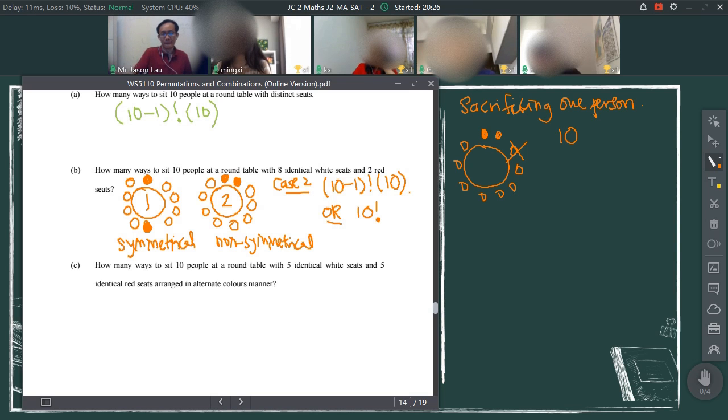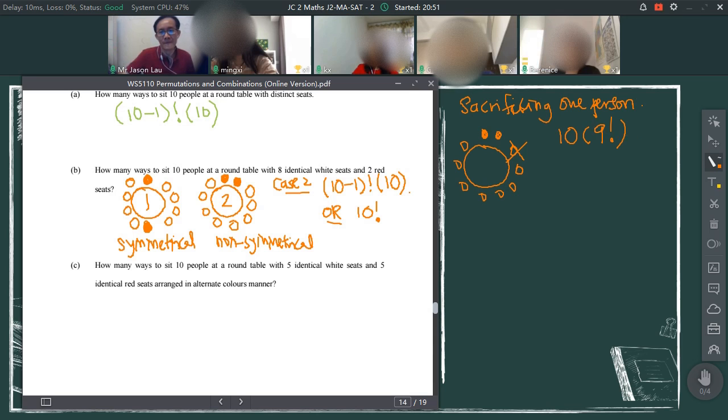The first person to sit among the chairs, there'll be 10 choices for him to choose. Agree or no? Agree. Once the person sits, the rest of the people will be only 9 factorial ways to sit among the empty seats.